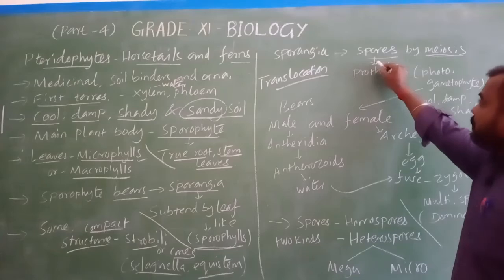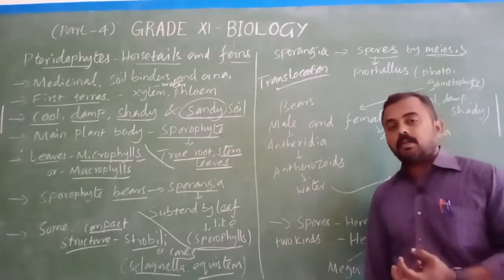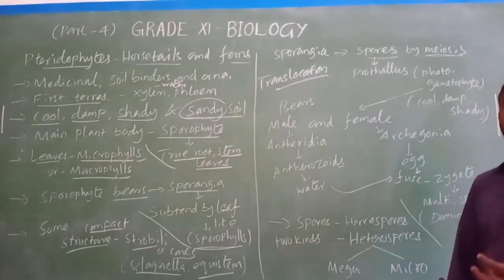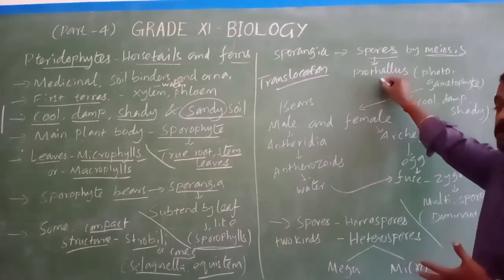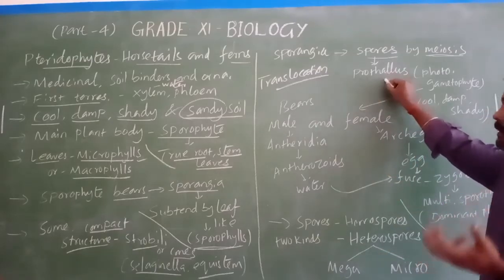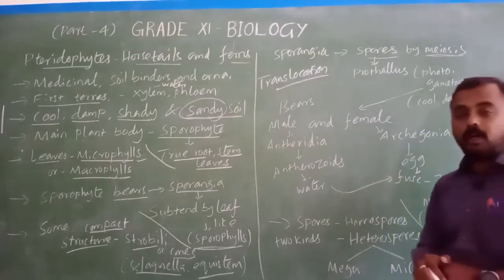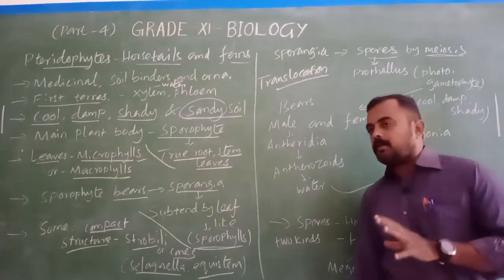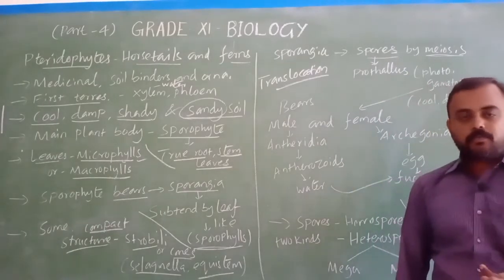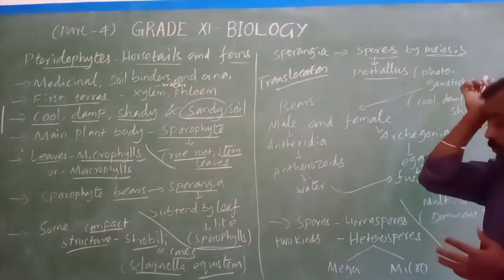Then from the spores, what germinates? The multicellular prothallus germinates. From the spore, the prothallus germinates. It is a photosynthetic multicellular gametophyte, which means it can produce its own food.